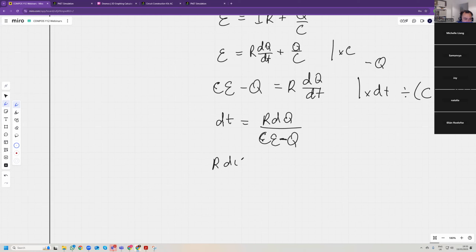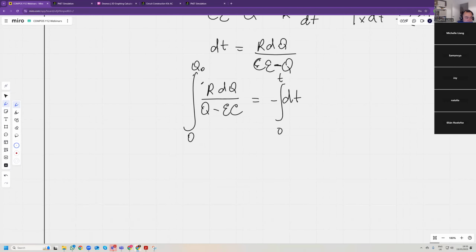R dQ over Q minus EMF C equals minus dt. And now I can integrate charge from 0 to Q final and time from 0 to t.